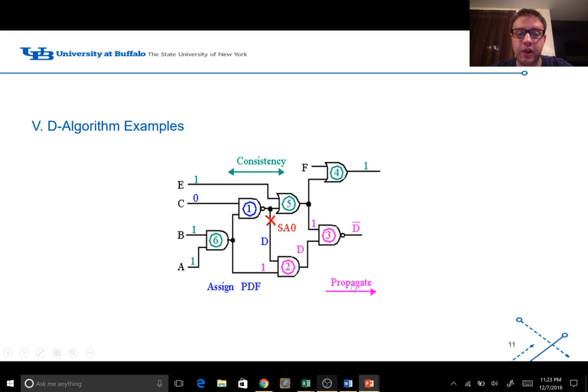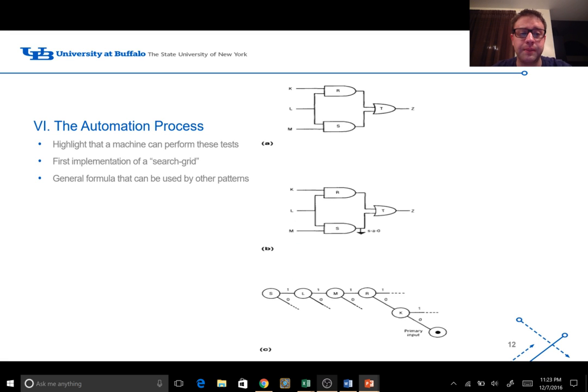Step 2, propagate. And then step 3, a consistency check, also known as backtracking. Move all the way back through the system to get your overall inputs. It's a relatively simple thing to talk about, but again, this was revolutionary in 1966 when it was first shown to be able to test these things automatically.